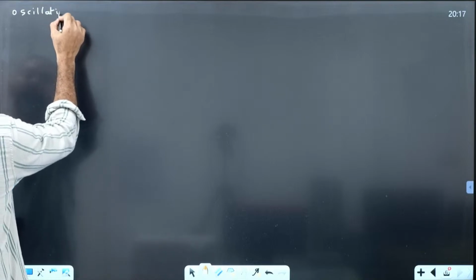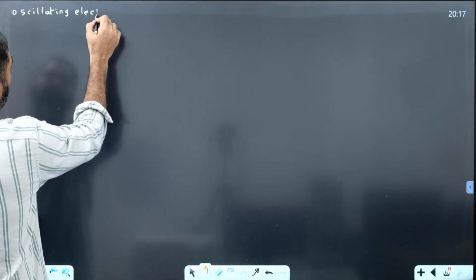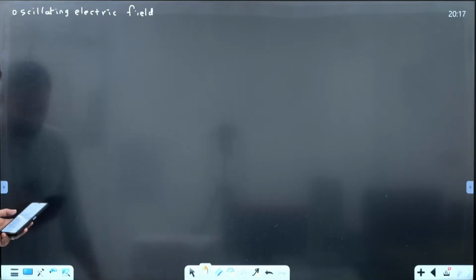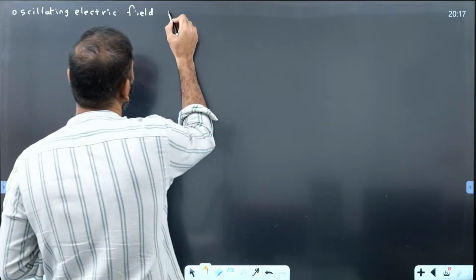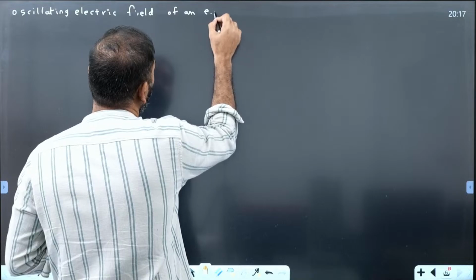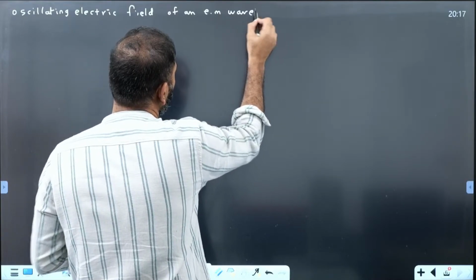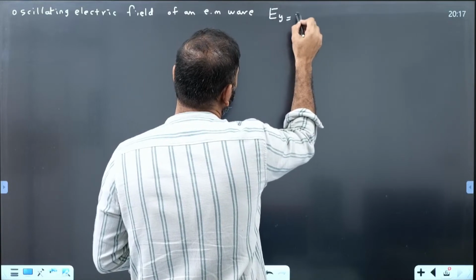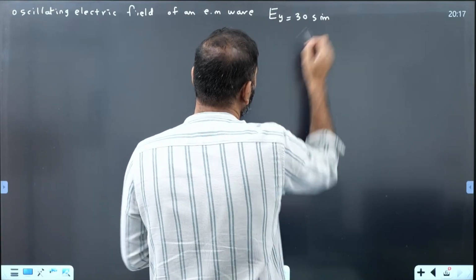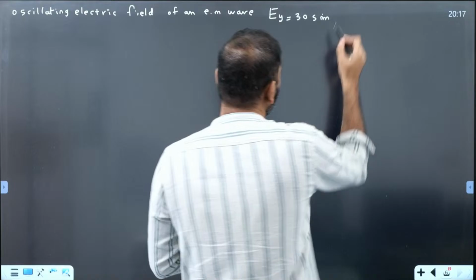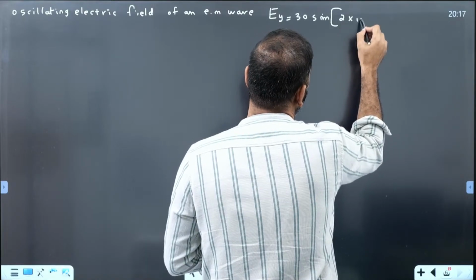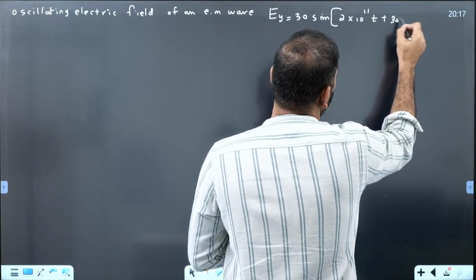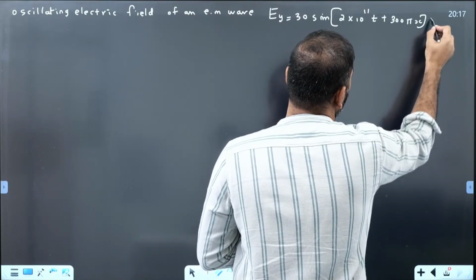Oscillating electric field of an EM wave, Ey is equal to 30 sine (2 into 10 raised to 11 t plus 300 pi x) volt per meter.